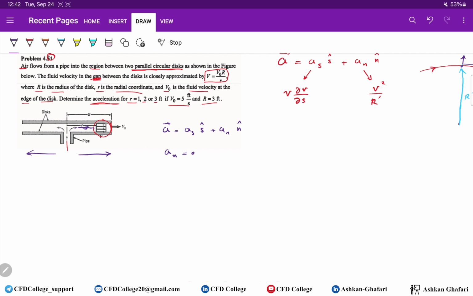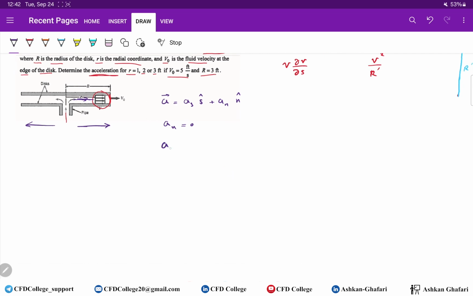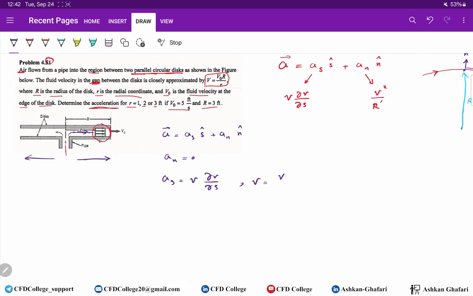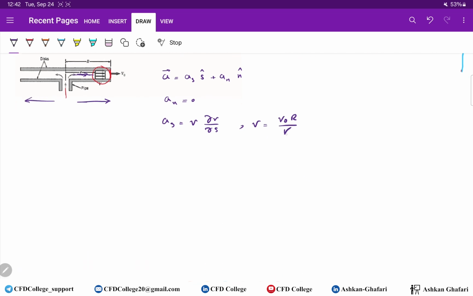Acceleration is in a streamline direction. a_s equals v delta v over delta s. What is velocity? Velocity equals v naught r over r. V naught and r are constants, but this is the coordinate, and we have to relate r to s. Why?